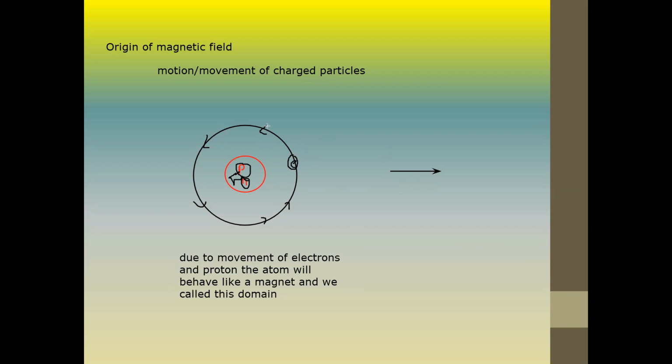So according to this theory, because everything is made up of atoms, it means every material should be a magnetic material.